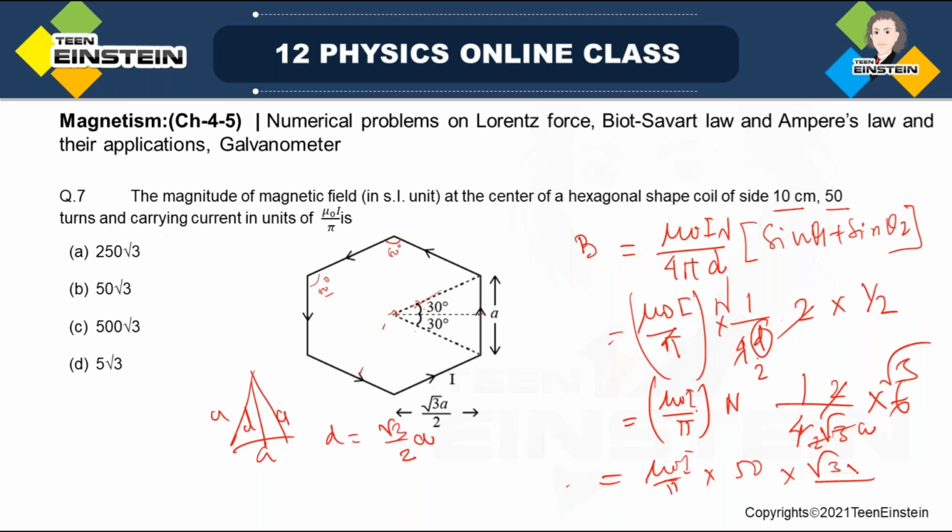Okay, so 500 into root 3, this will give you 500 root 3 into mu 0 I by pi, in this unit you have to calculate. This is a simple problem.